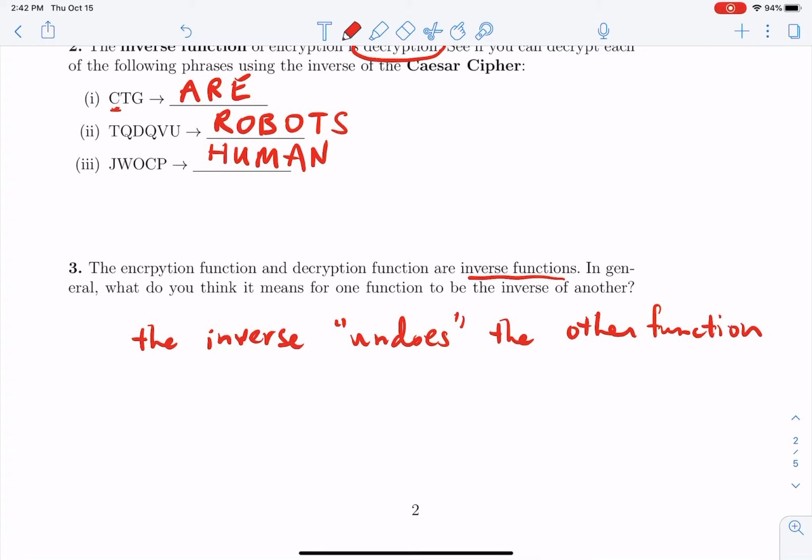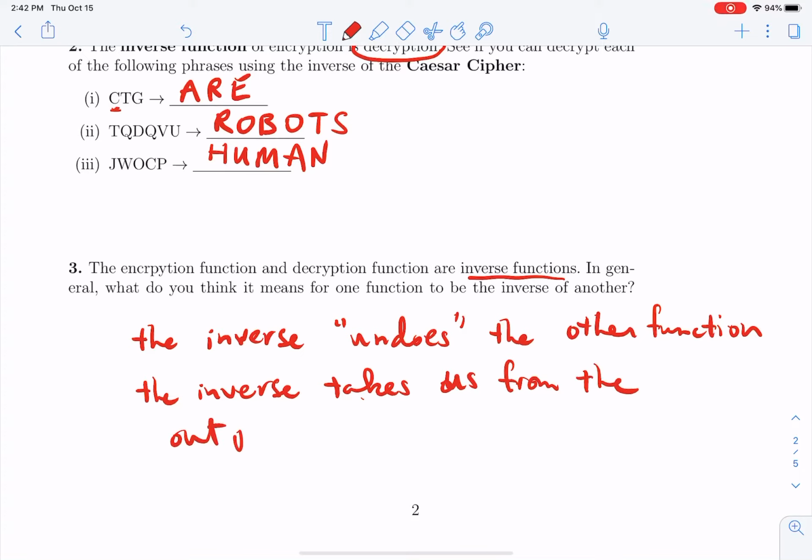One way we can also think about that is that the inverse takes us from the output back to the input of the original function.